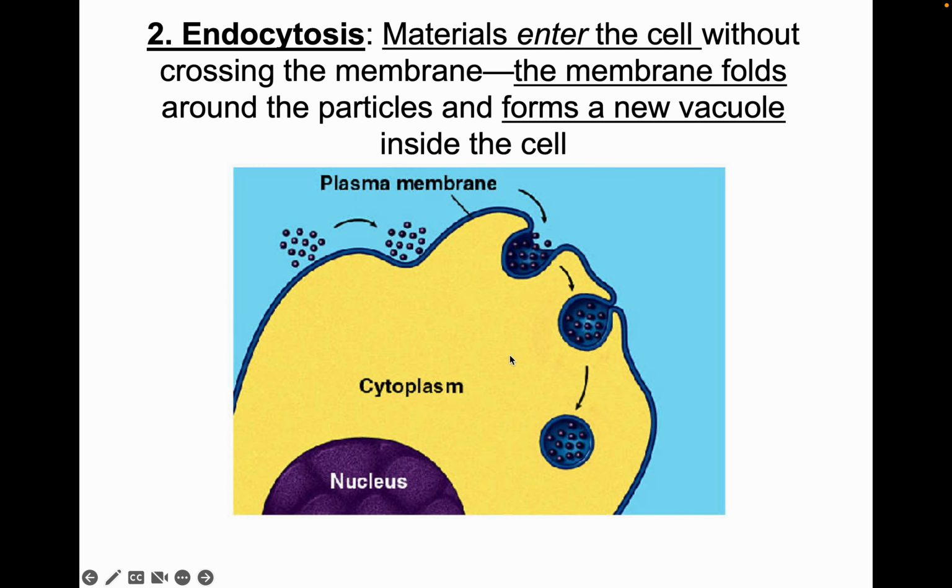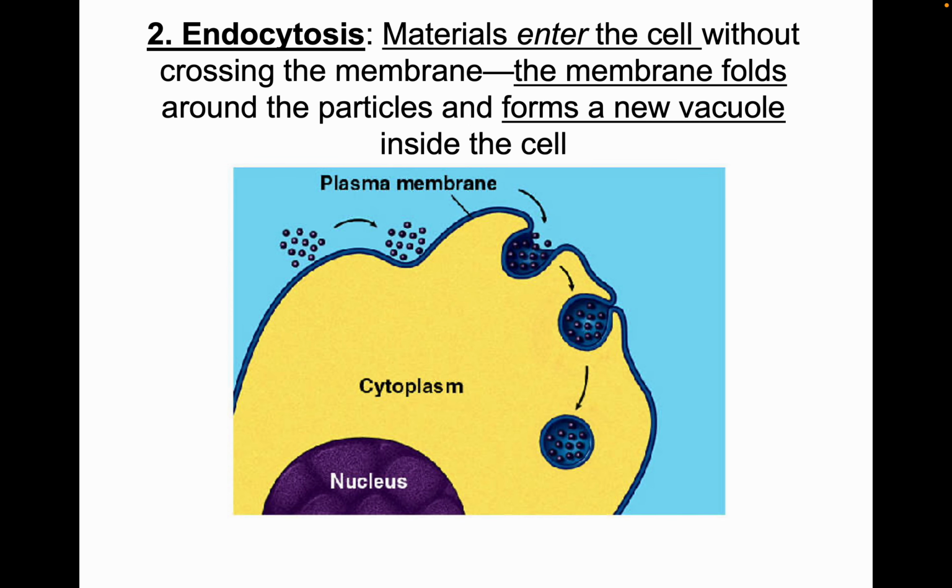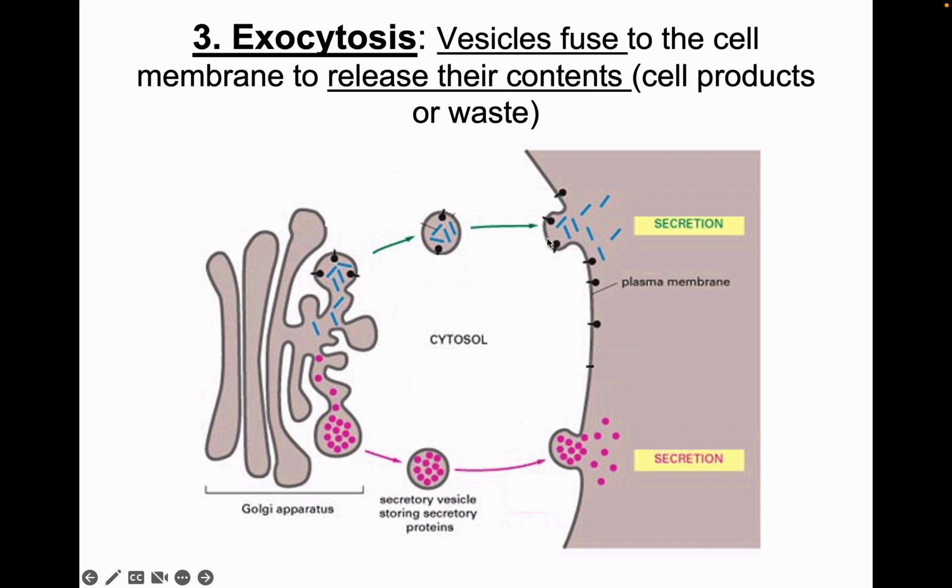So, exocytosis, kabaliktaran ng endocytosis. Endo, inside. Exo, outside. So, kanina, vacuole ang na-form. Sa exocytosis, the vesicles fuse to the cell's membrane to release their contents, the cell products or waste.